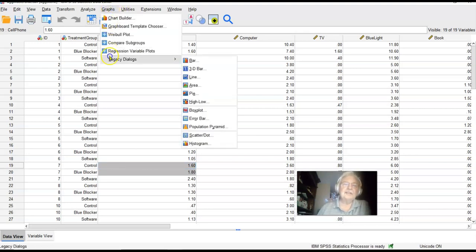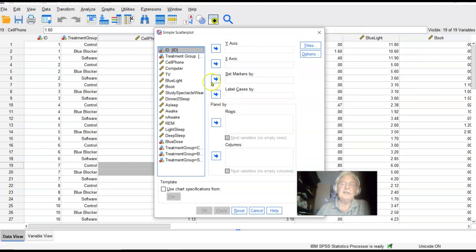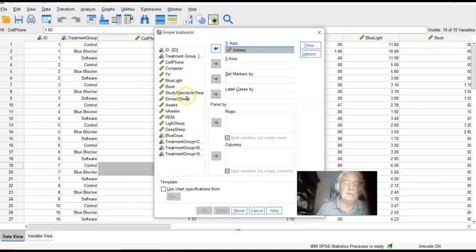So let's go to our legacy dialogs, go to a scatter plot, simple scatter plot. The y is going to be asleep, minutes of sleep. The x is going to be our covariate, which this time we're just going to use total blue light. That's the sum of computer, TV, and cell phone, but does not include book.